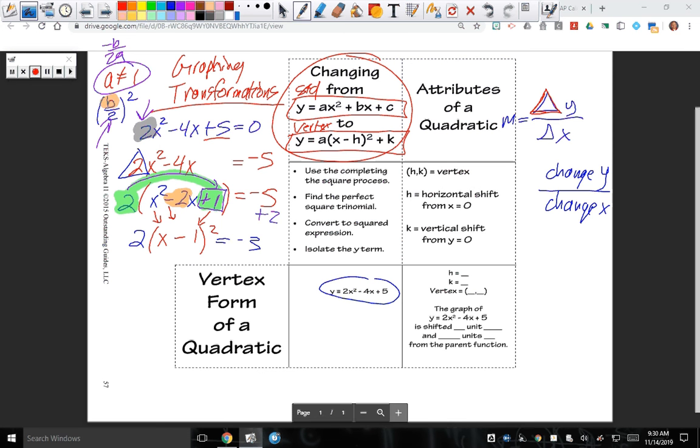What will I do now to get x? Divide by 2. So I'm running out of room, I'm going to write it over here. Divide both sides by 2 will give me x minus 1 squared is equal to negative 3 halves.